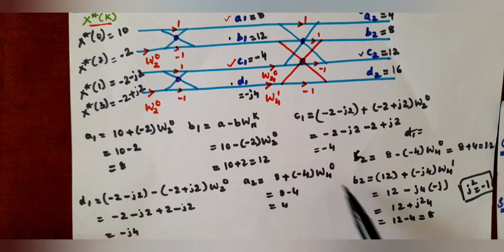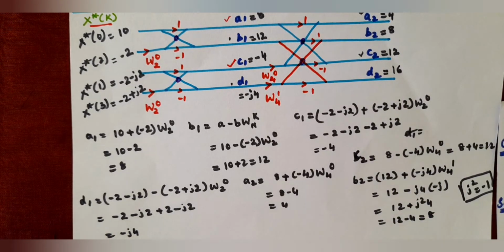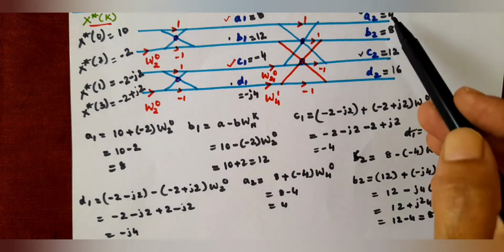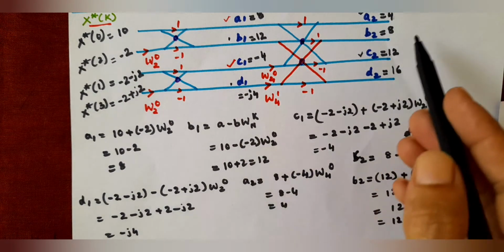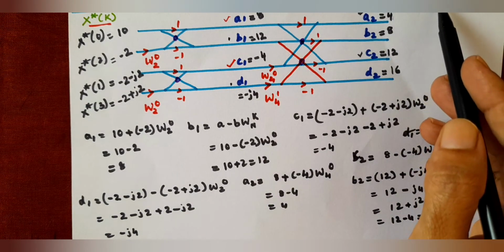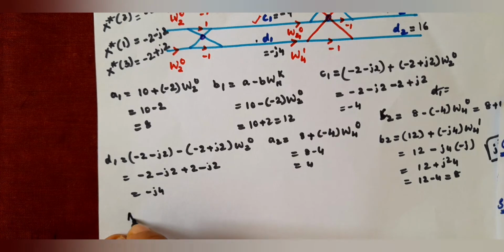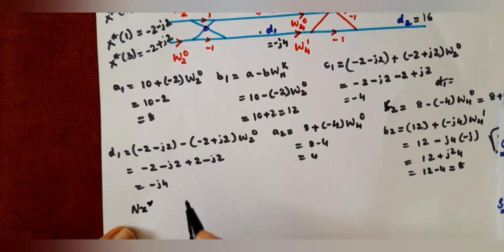Okay. In the same order what we have done the equations. A plus B Wn to the power k for upper line, and for lower line it is A minus B Wn to the power k. So now we got 4, 8, 12, 16. What are they? They are n x star of n.